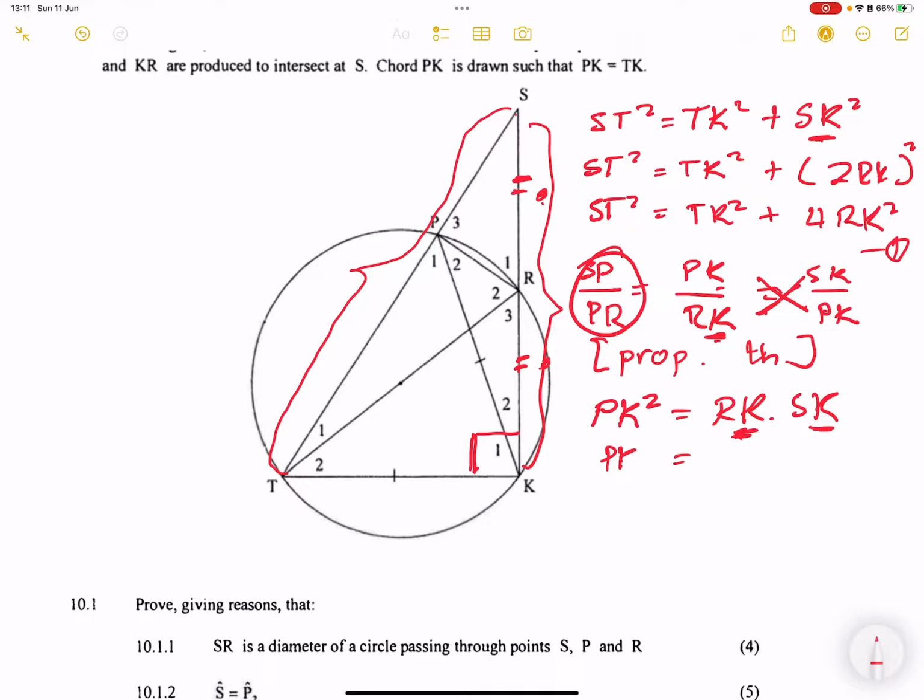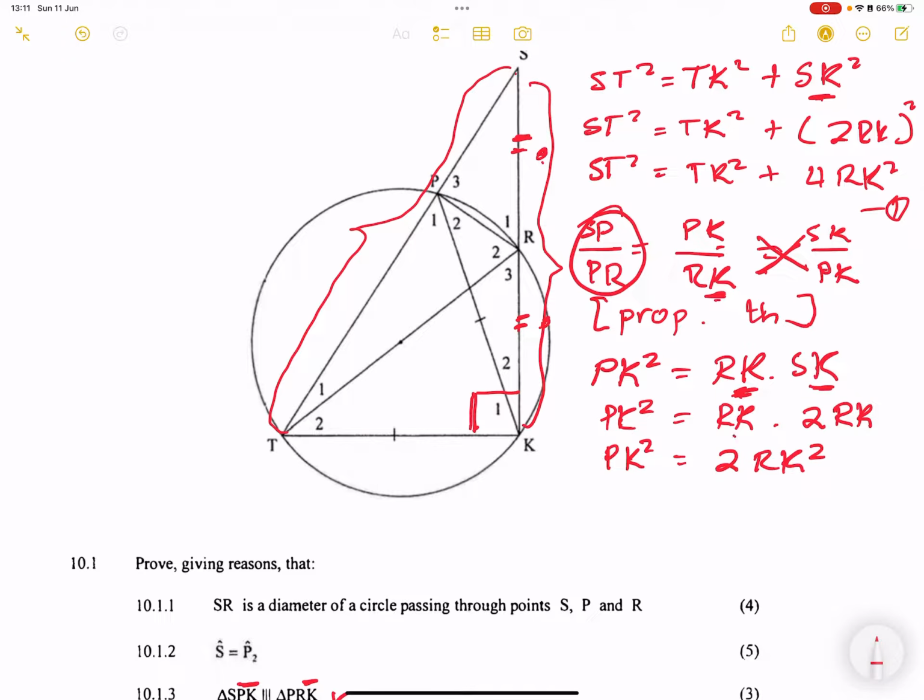So PK squared is RK multiplied by 2 times RK. This is where I made the error in the previous one. So PK squared gives me 2RK squared, because RK times RK is RK squared, but we've got that 2 there. Remember that PK and RK are equal, as they showed us.